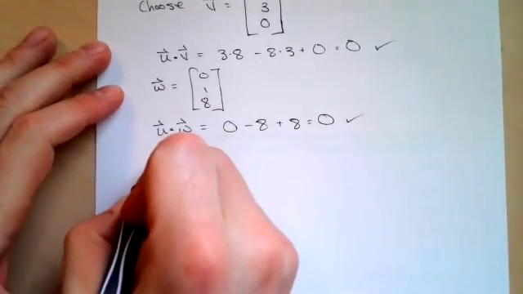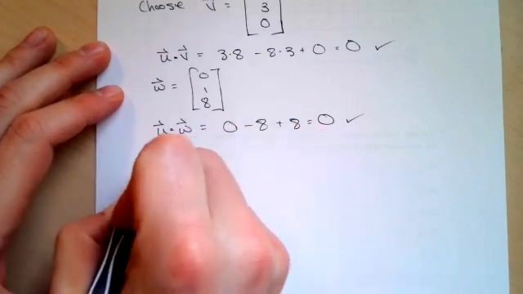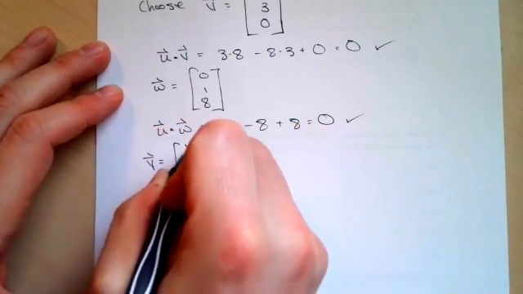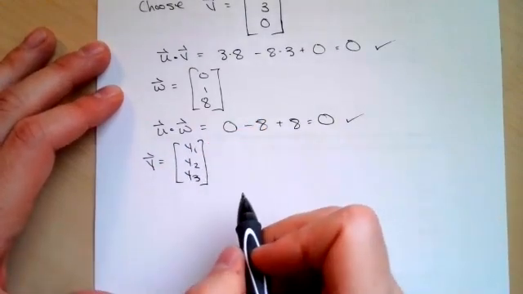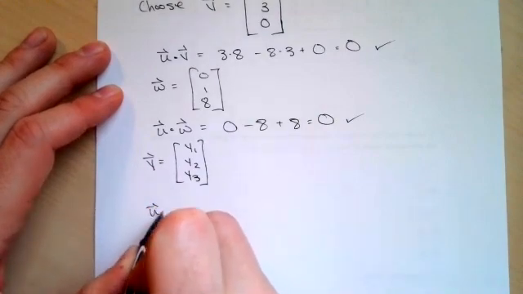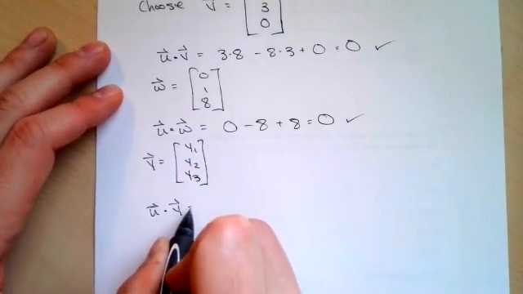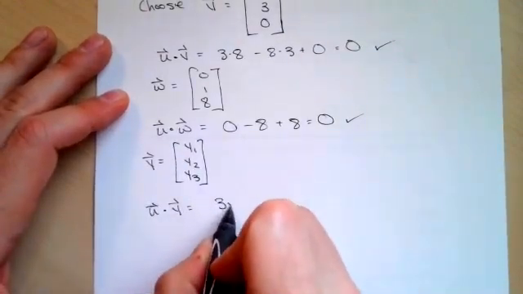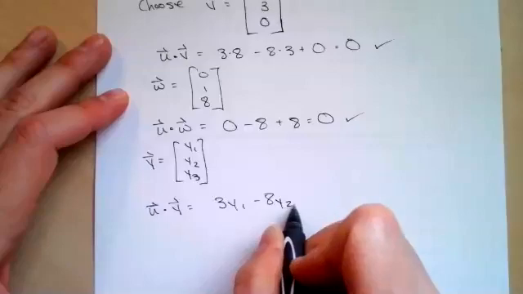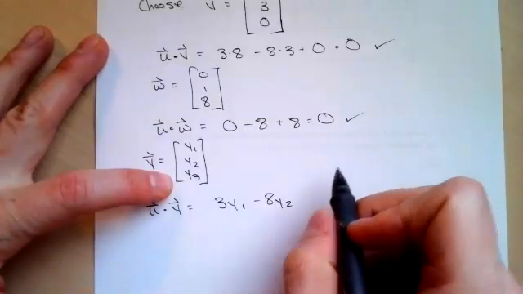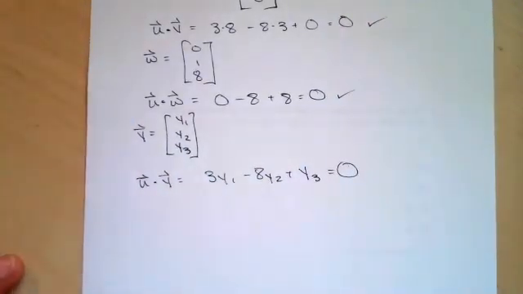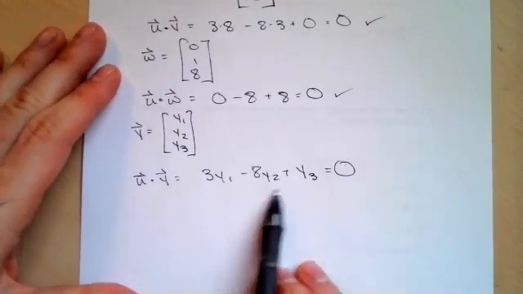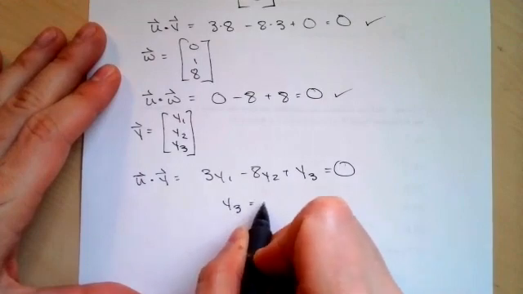In general, if we wanted to create a generic vector, let's call it y, we're going to have 2 free parameters. So let's see what's going on with that. u dot y is just going to be 3y1 minus 8y2 plus y3 equals 0. If we want those perpendicular, we usually solve for the last coordinate in terms of the other 2.